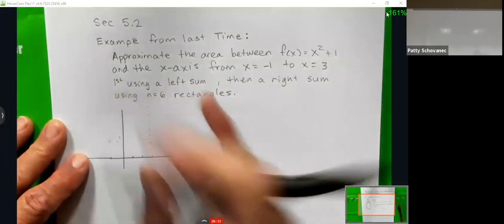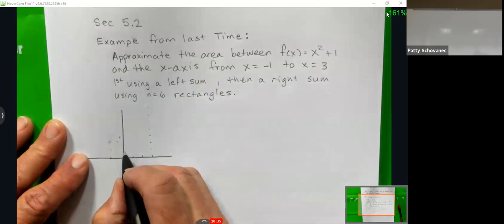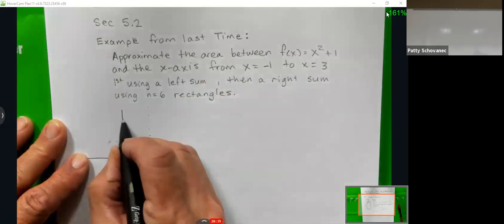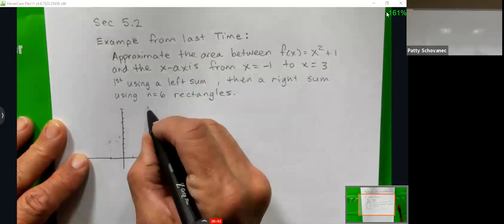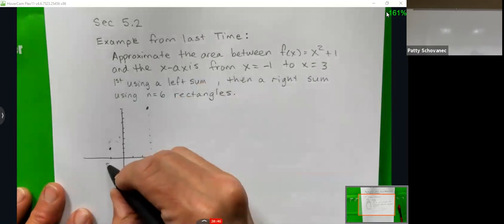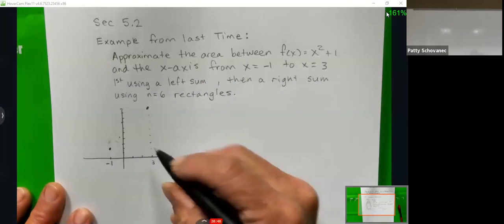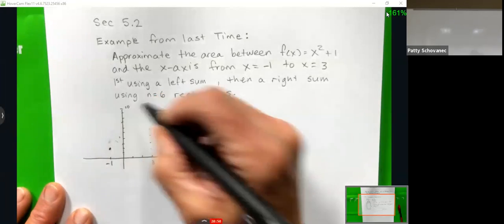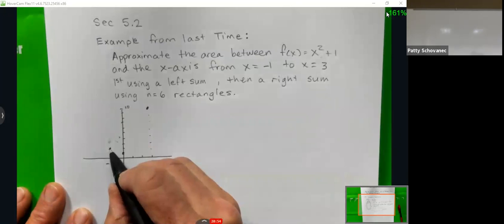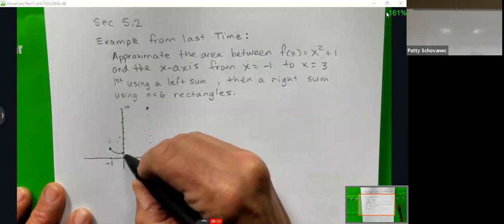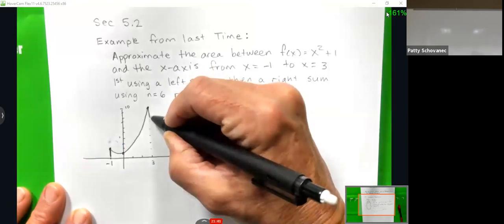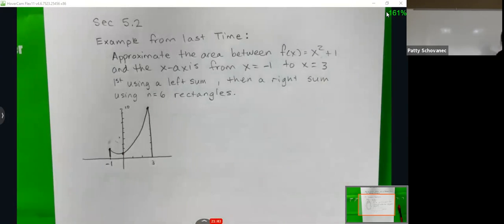Bump that down a little bit. All right. There we go. That's -1. That's 3. That's up here at 10. And when x is 0, y is 1. So it's this piece of the parabola right there, boxed off here and here.